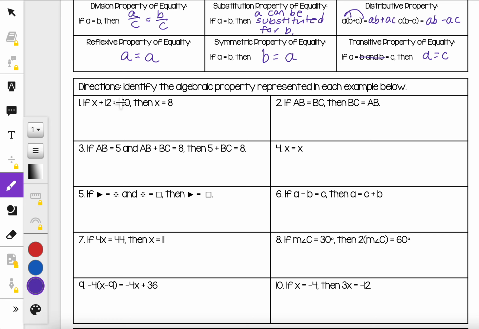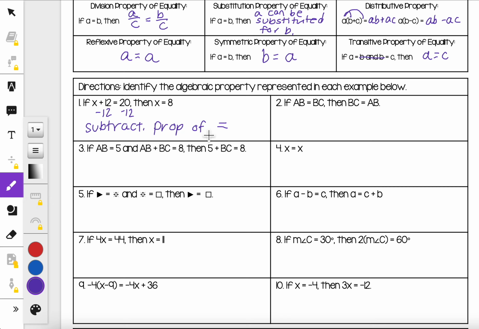And what I did in between this step was I subtracted 12 from both sides. So if I'm subtracting something from both sides, that's going to be my subtraction property of equality. I'm just going to abbreviate some of that there. Okay, that's our subtraction property of equality.